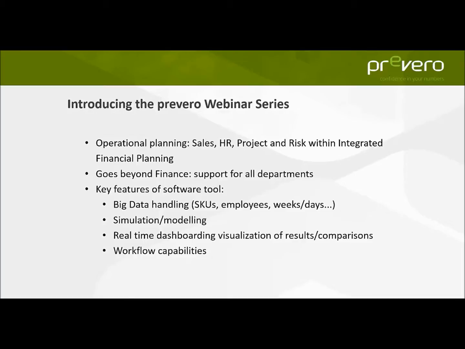And of course workflow capabilities, because since finance is then working with different departments, it means you have to interact with them and also control the flow of information. So a good workflow capability is highly recommended for a software tool that supports operational planning.